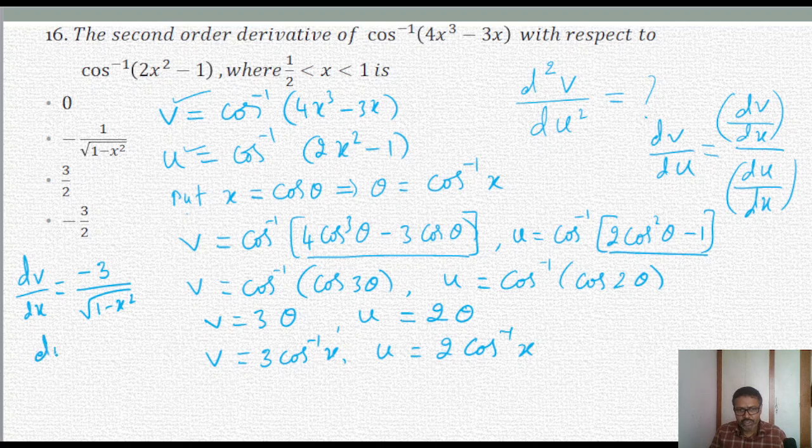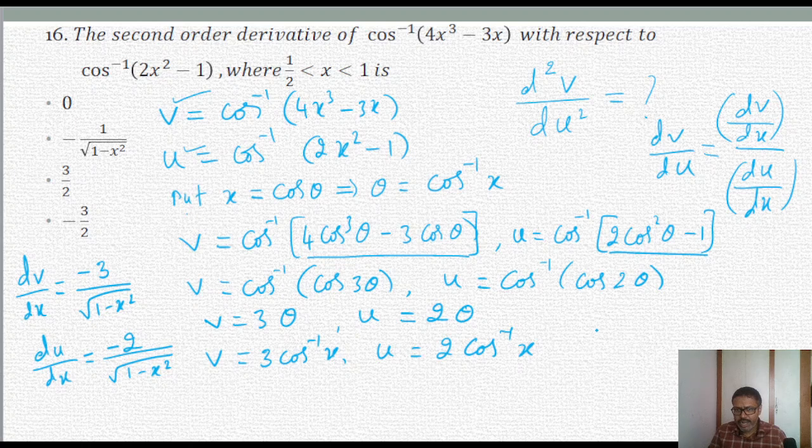Now tell me what is du by dx? This is 2, and cos inverse x derivative is again minus 1, so minus 2 divided by root of 1 minus x square.